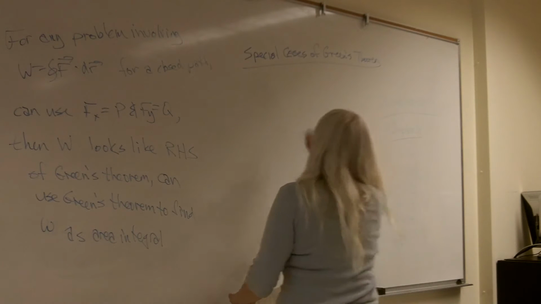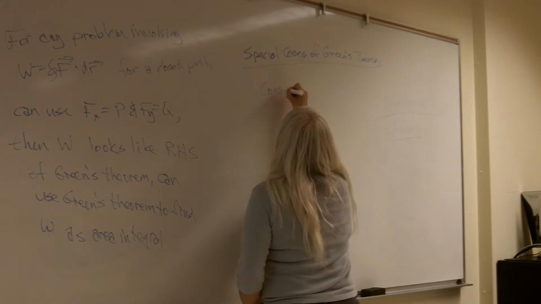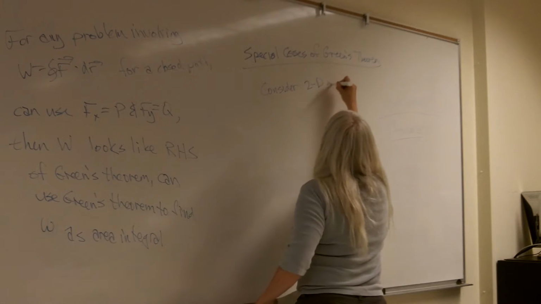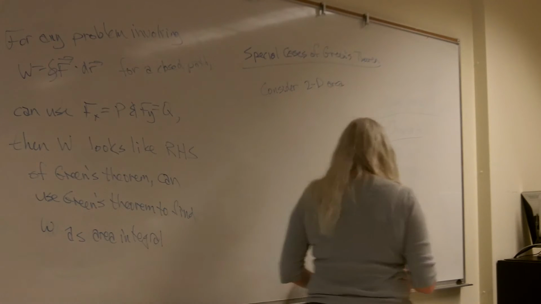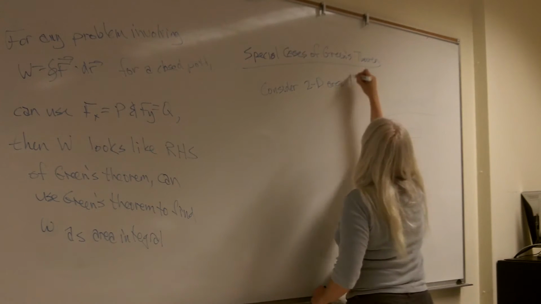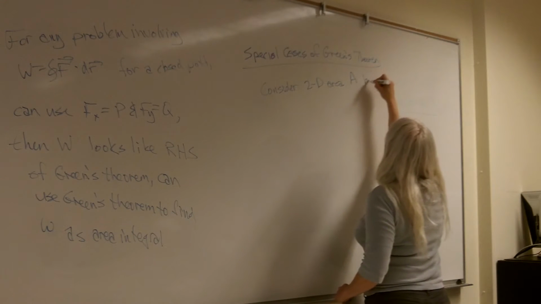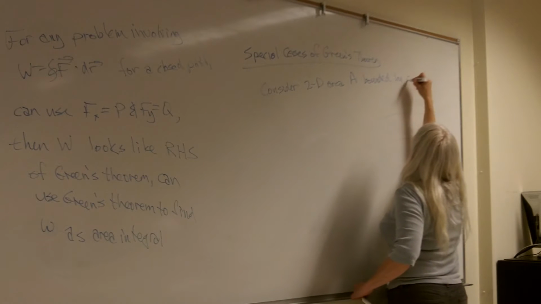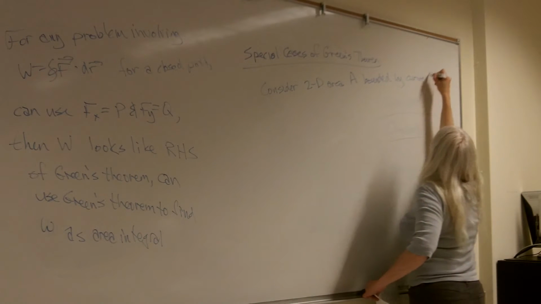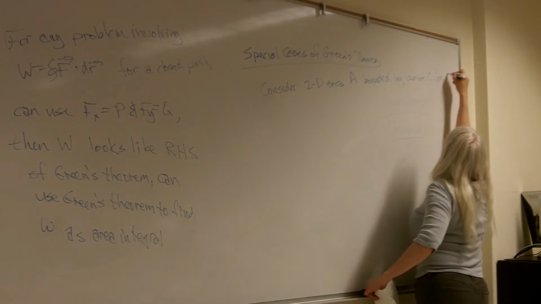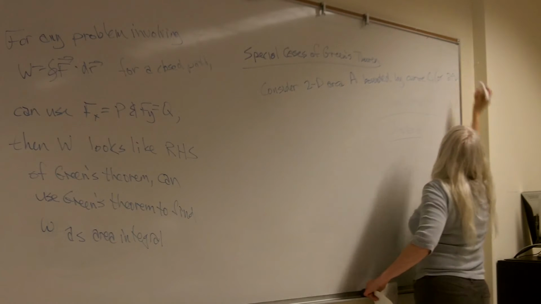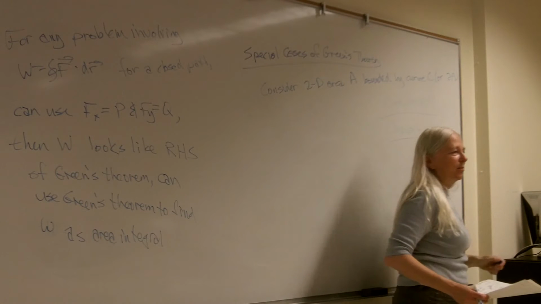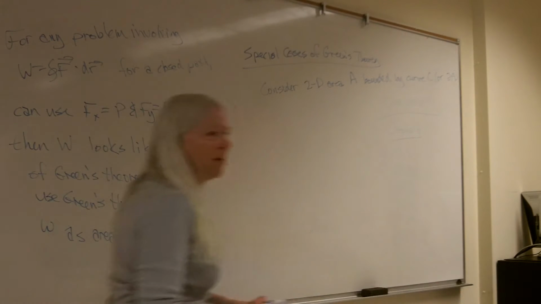Okay, so let's start by thinking about a two-dimensional area, let's call it area A, that is bounded by a curve C, or to use your book's notation, a delta A, the same kind of delta symbol that you use for partial derivatives.